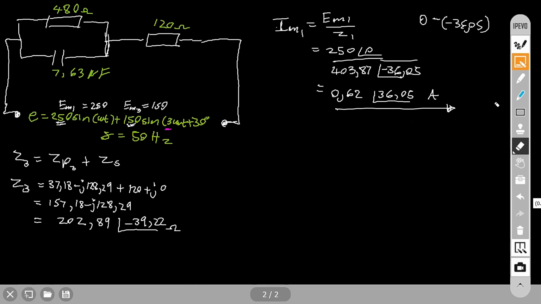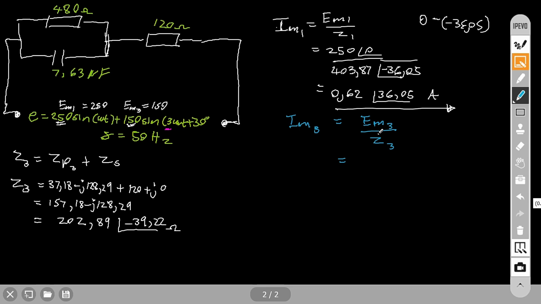So now let me just write our IM3 is equal to VM3 over Z3. So we just substitute now first.